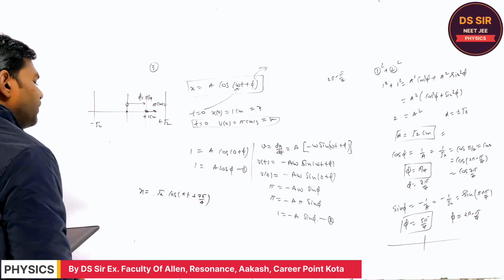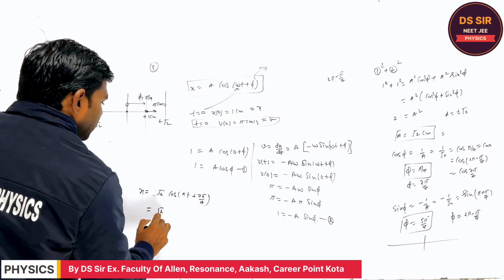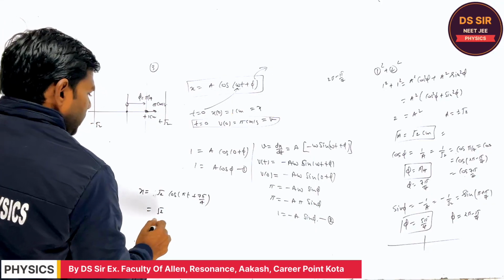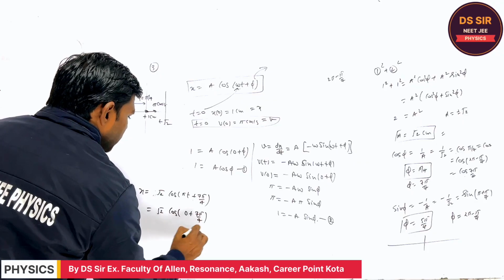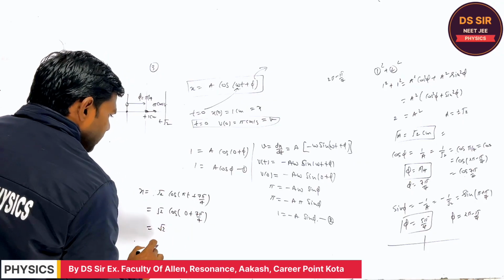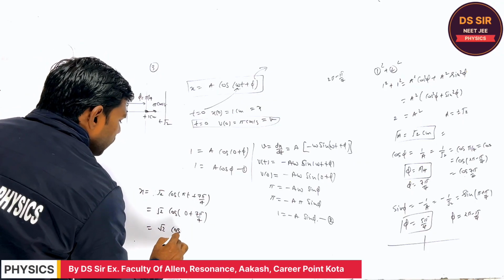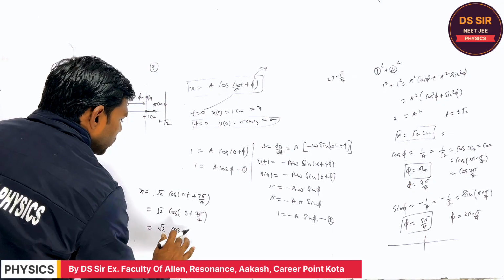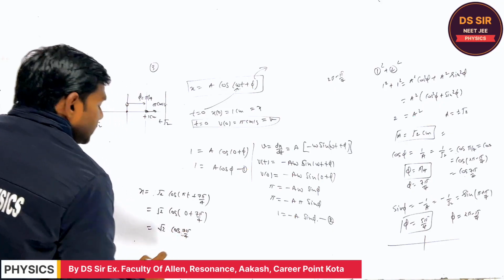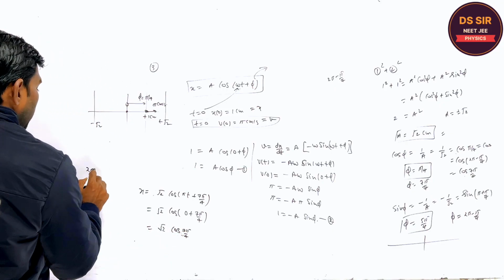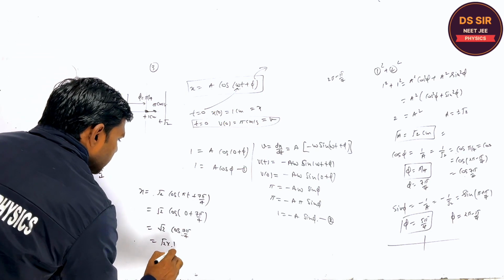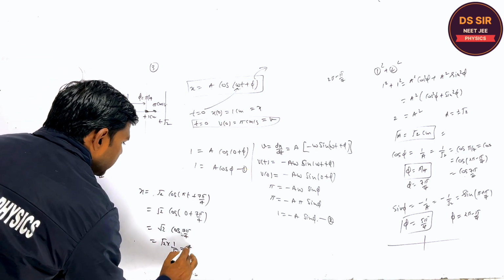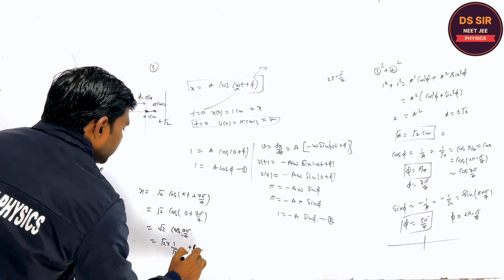Suppose this is the initial phase. It is root 2 cos, if you put 0, 7 pi by 4, what is the value of cos 7 pi by 4, you tell? 2 pi minus pi by 4. So it is 1 by root 2. Definitely it is 1 centimeter, right?